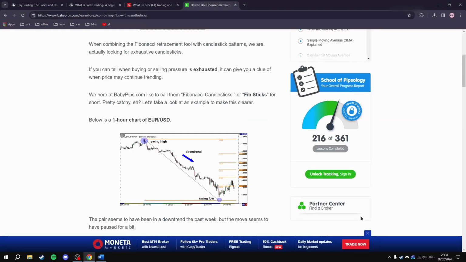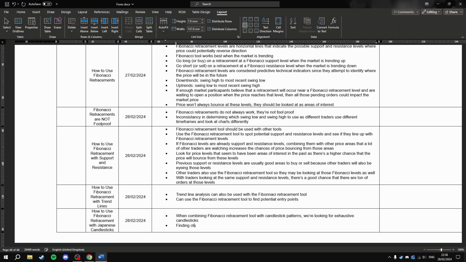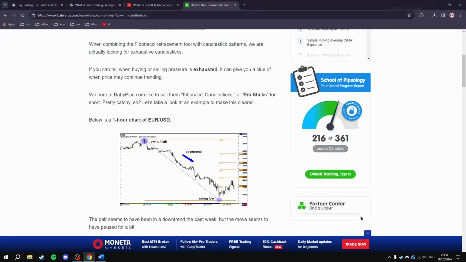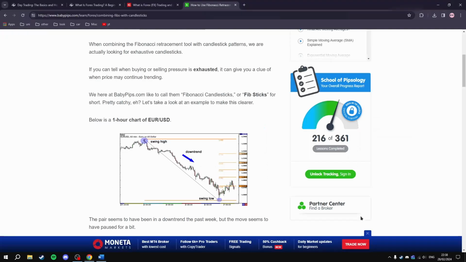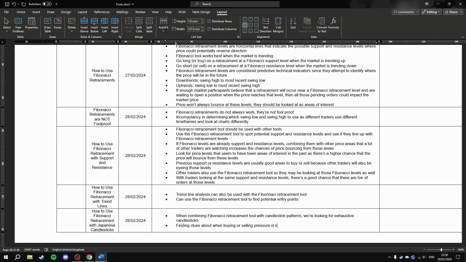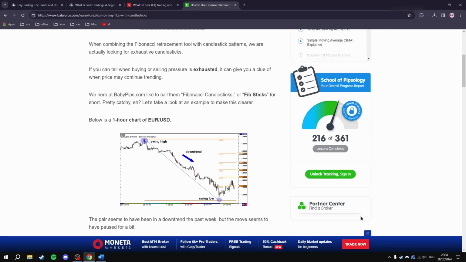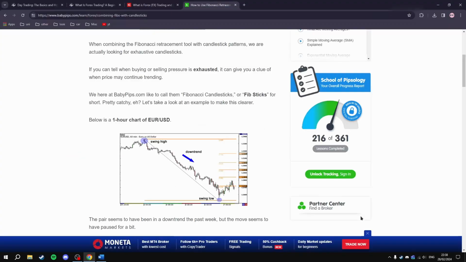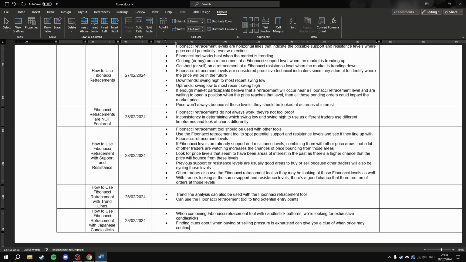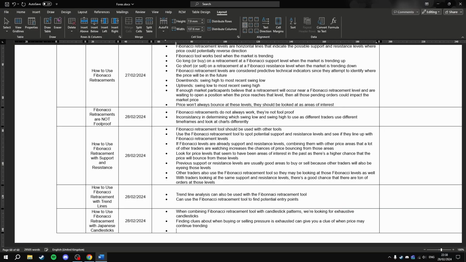If you can tell when buying or selling pressure is exhausted, it can give you a clue of when the price may continue trending.